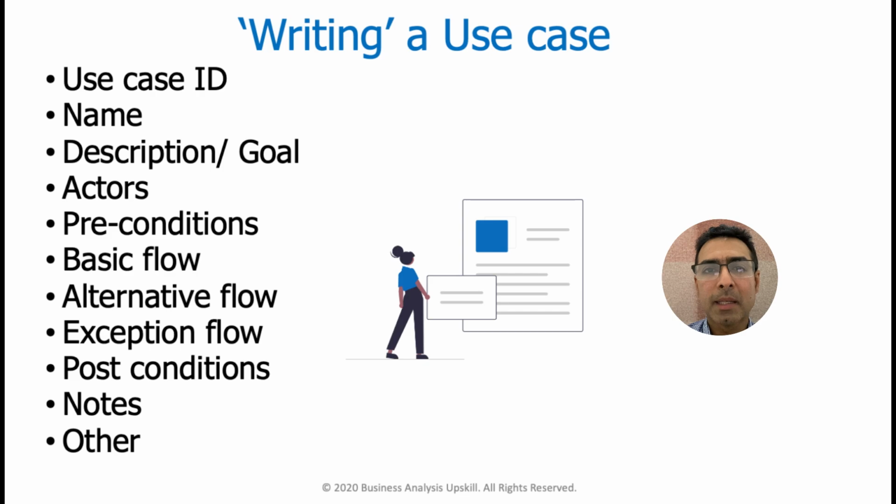As part of writing the use case, you call out the use case description, use case ID, who the primary and the secondary actors are for the use case, what's a normal flow, as in what are the different steps that the user takes in the system, what's an exception flow, what does the system do in case of an exception scenario, what are the preconditions for the use case to start, what are the post conditions when the use case has finished, so on and so forth.